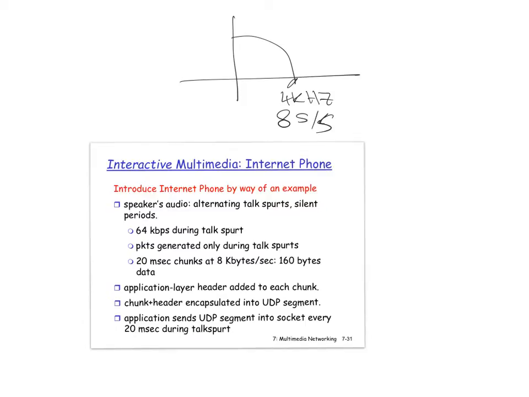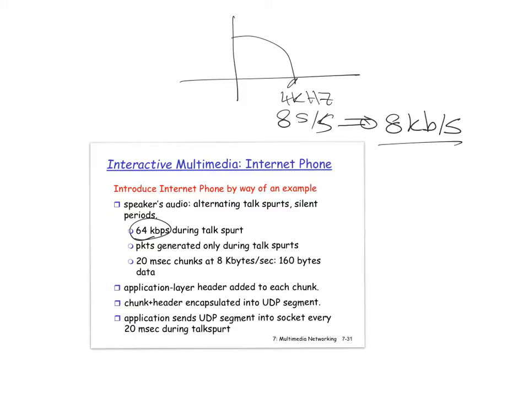If we assume that each sample is encoded into 1 byte, this means that we have 8 kilobytes per second. 8 kilobytes per second is 64 kilobits per second, because each byte is 8 bits. So if one sample is encoded into 1 byte, we have around 64 kilobits per second. This number is very common, and it assumes that we have uncompressed audio.